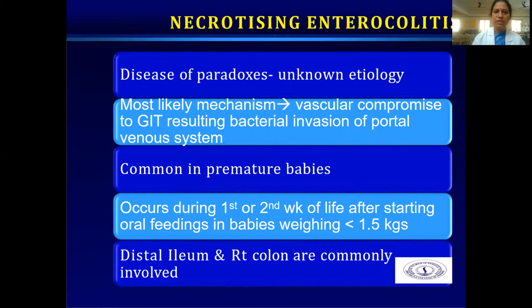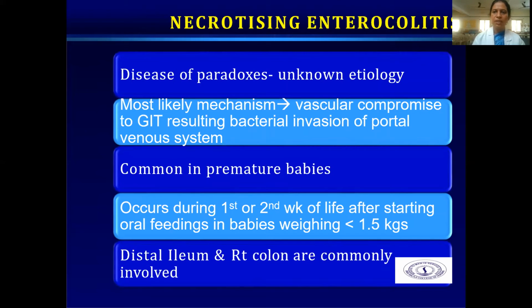Necrotizing enterocolitis, disease of paradoxes, unknown etiology. Most likely mechanism is vascular compromise to GIT resulting in bacterial invasion of the portal venous system. So it all begins with the bacterial invasion of the portal venous system. Common in premature babies, occurring during the first or second week of life after starting oral feedings in babies weighing less than 1.5 kilograms.